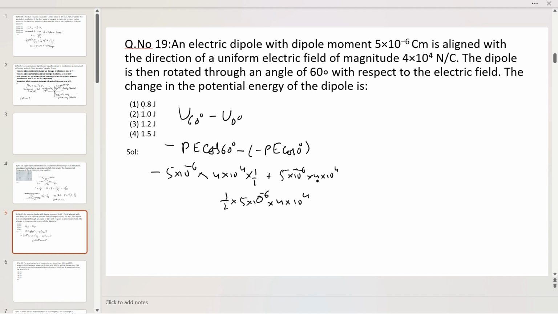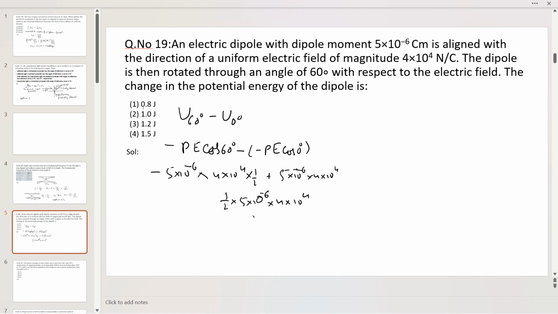So 10 to the power of 5, so here this is 10 to the power of 5, so this is 10 to the power of minus 1.